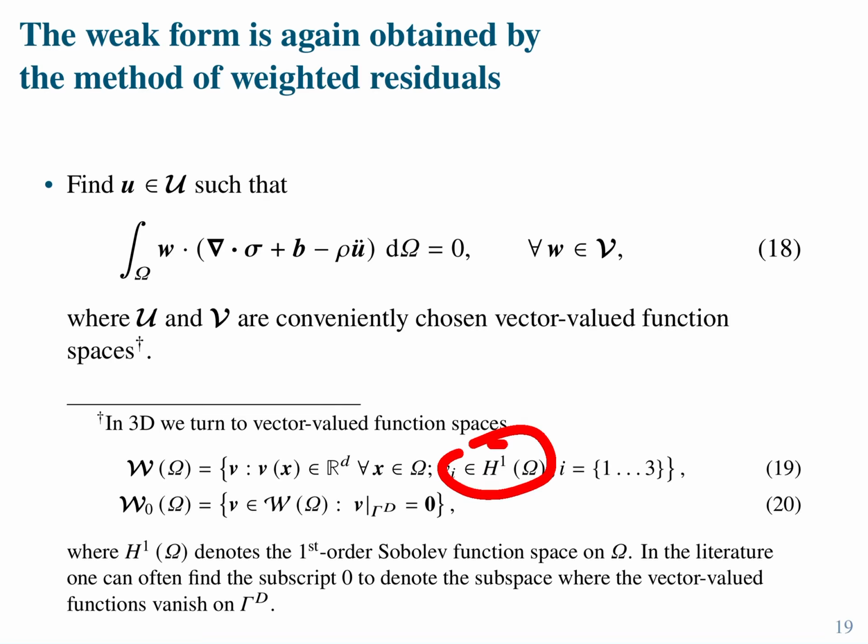Each component is a function that belongs to H1. H1 is our first order Sobolev space, right? So a very fancy mathematical way to say that now I'm going to be using vectors, and each component of that vector is going to be a function that I can integrate, and the result of that integral has to be finite, and the result of the derivative of that function has to be finite. Right? It's in H1. Okay?